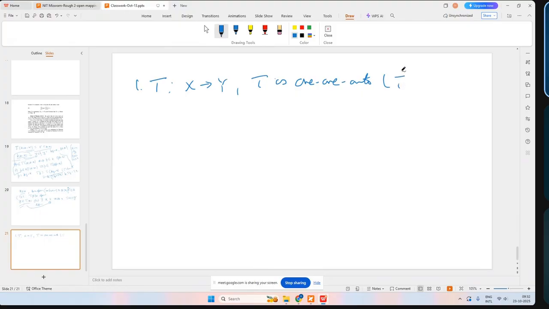If you want, you can say T inverse exists. T is linear, this I have told you earlier, in the very first class. T inverse is linear from Y to X.